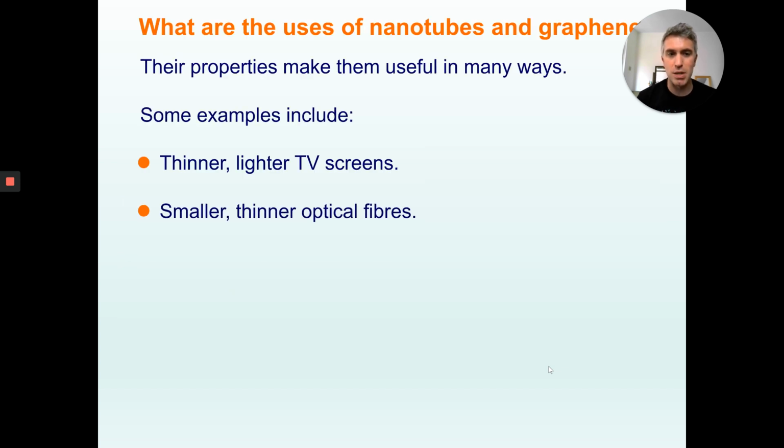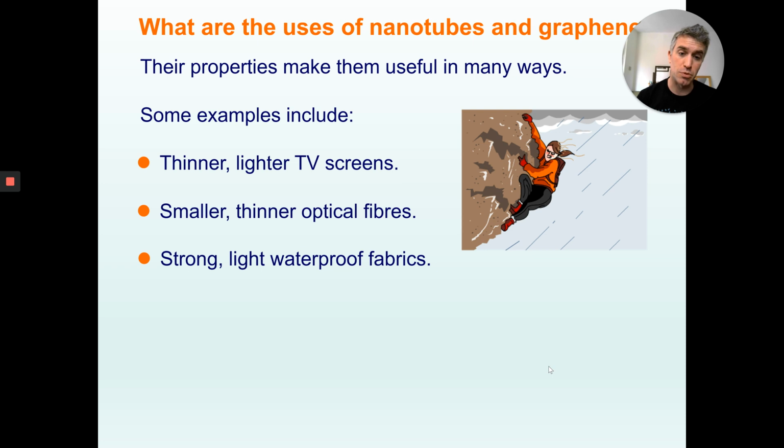But currently, because of carbon nanotubes and graphite, we have thin TV screens. We've got small optical fibers, waterproof things, because of their properties, they're very good at waterproofing. But most importantly, they make things incredibly strong. Cars have carbon nanotubes and carbon fibers put in them to make them stronger.